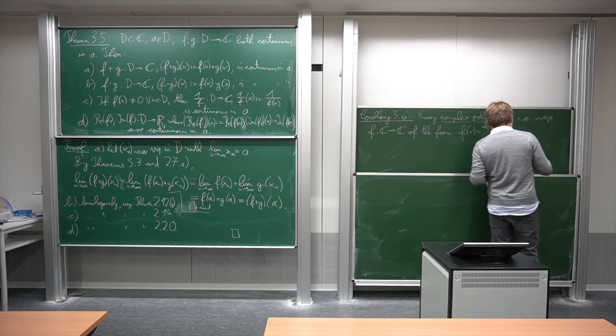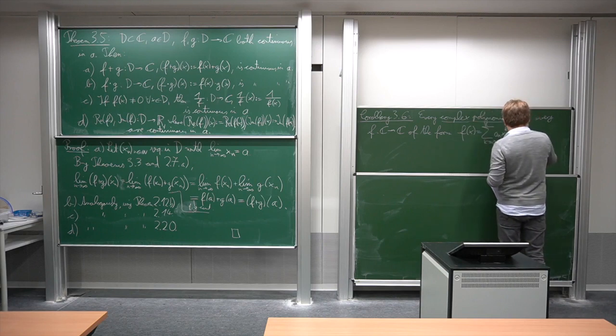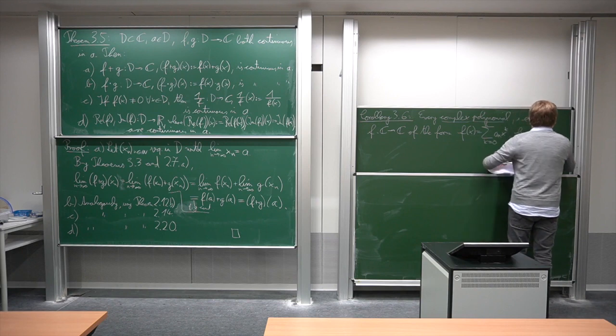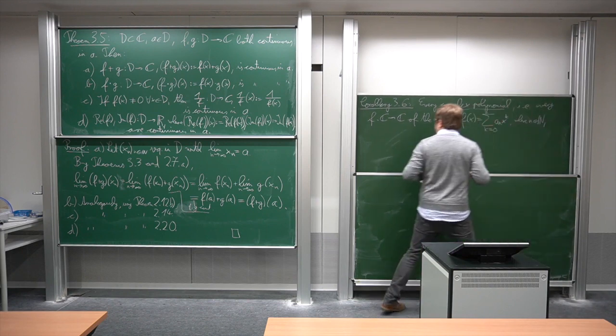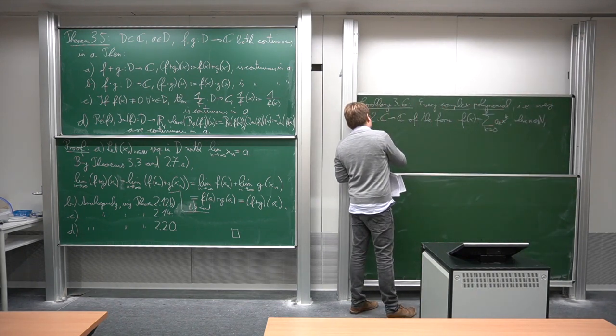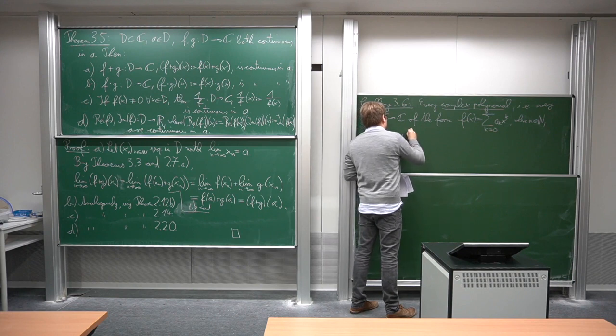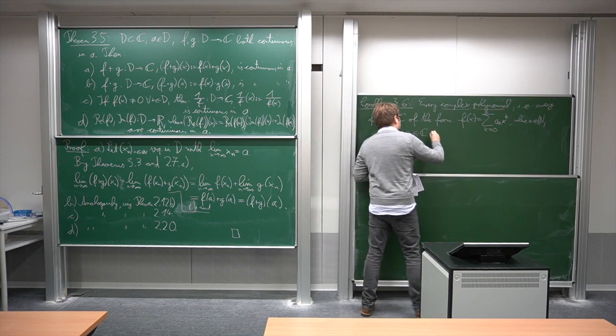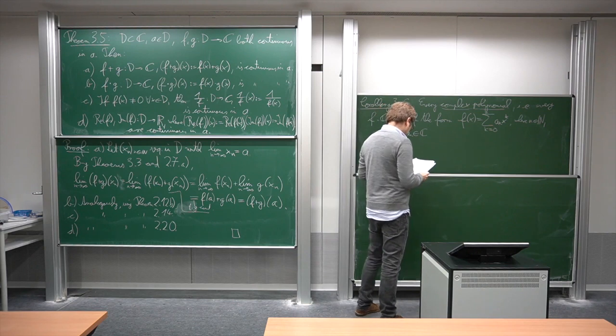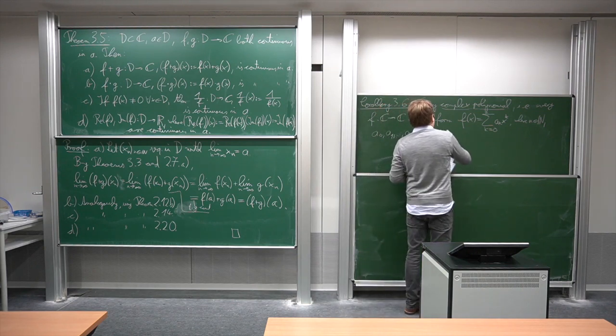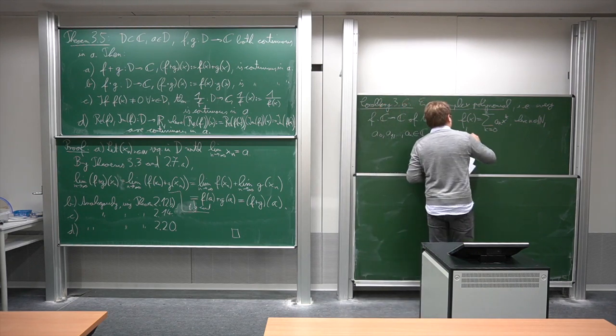So this is what we call a polynomial, where n in N, and where the coefficients, the numbers a0, a1, up to an, are just complex numbers. So every function of this type is continuous.